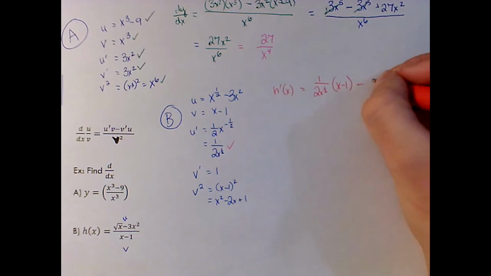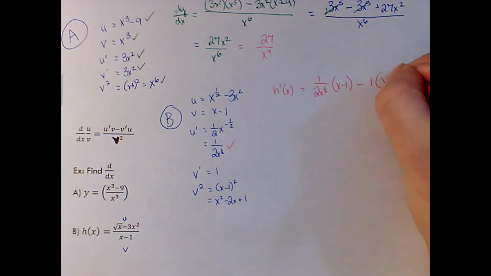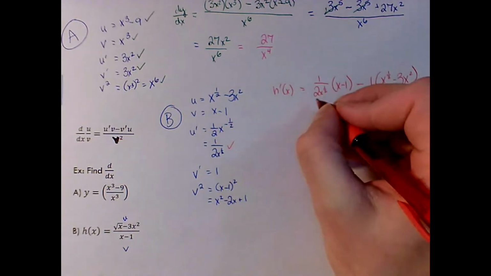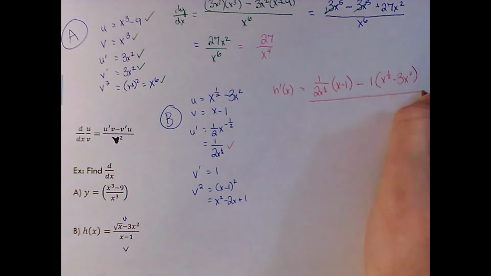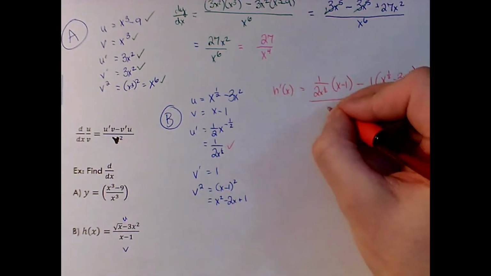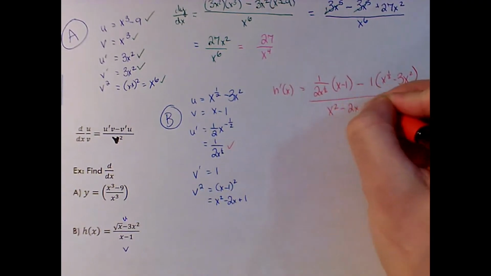V prime was 1, so that's convenient. And u was x to the 1/2 minus 3x squared over v squared, which ended up being x squared minus 2x plus 1.